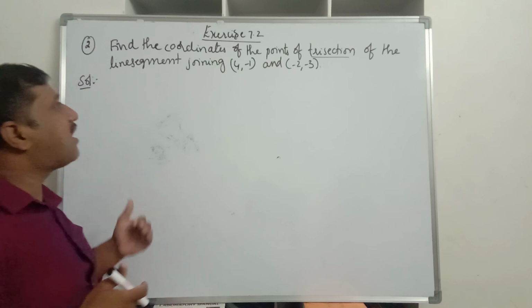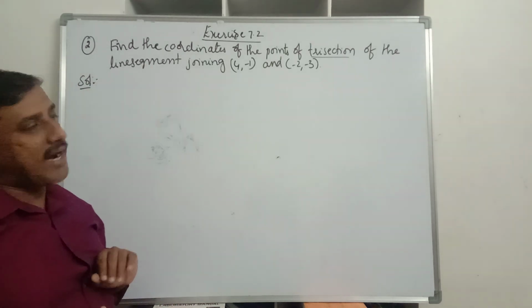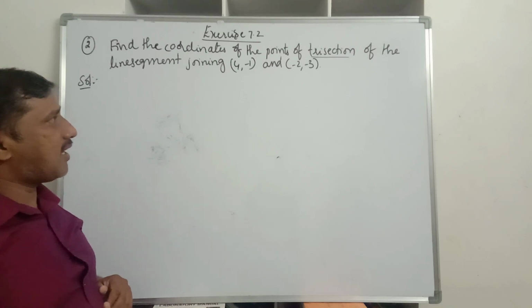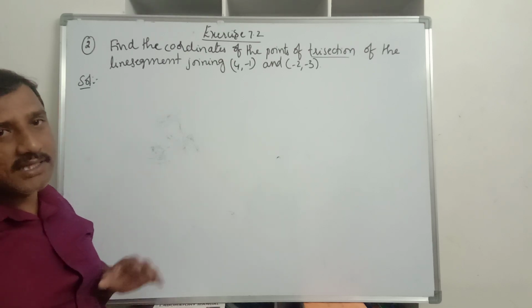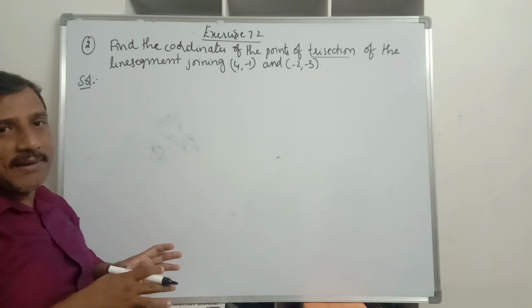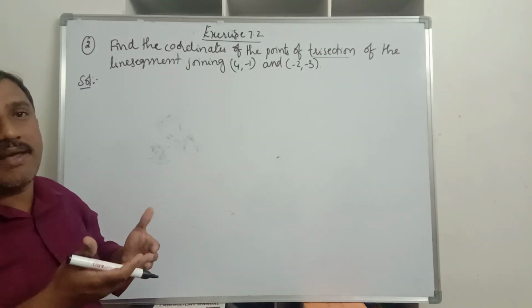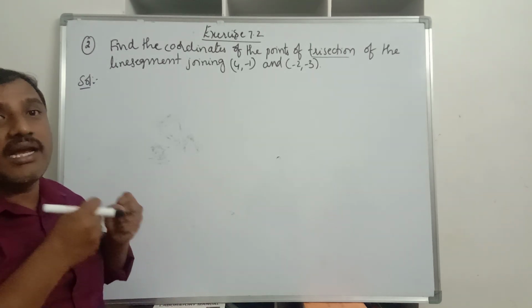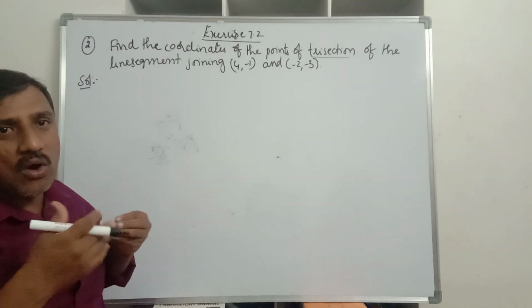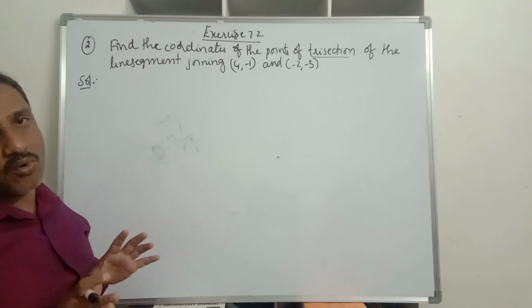Those coordinates you have to find, of the line segment joining the points 4, minus 1 and minus 2, minus 3. So 2 points are given. By joining those 2 points, we will get a line segment. That line segment is trisected, trisection means dividing into three equal parts, then find the coordinates of those points.